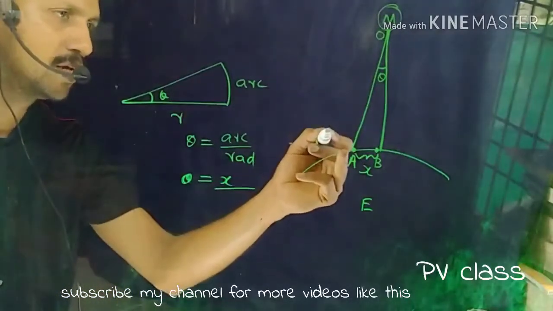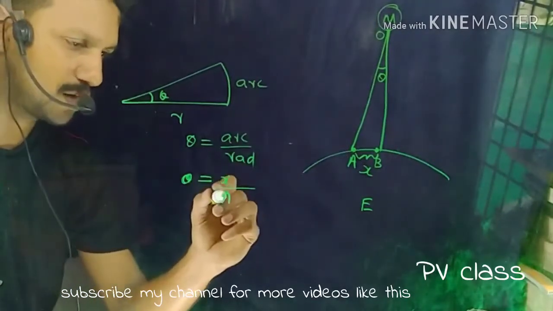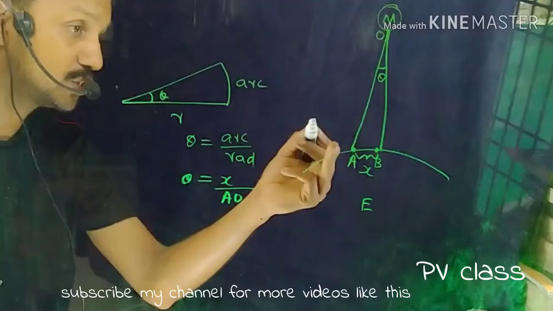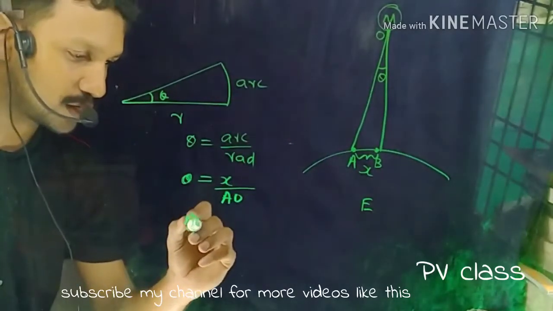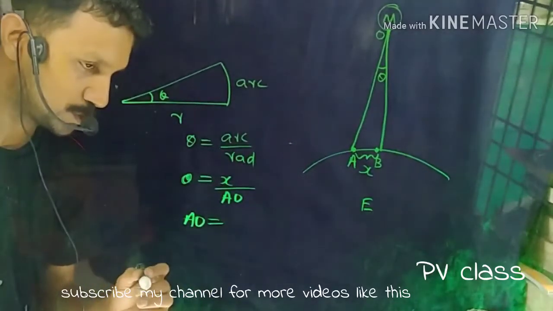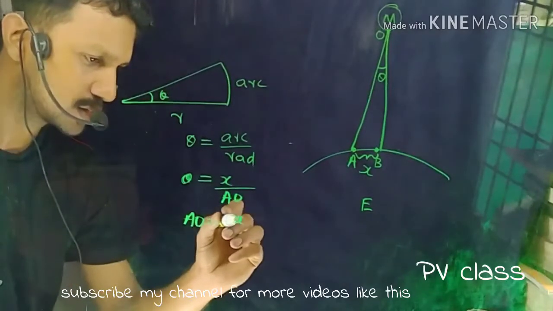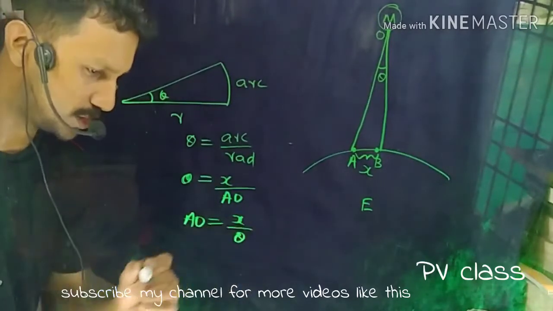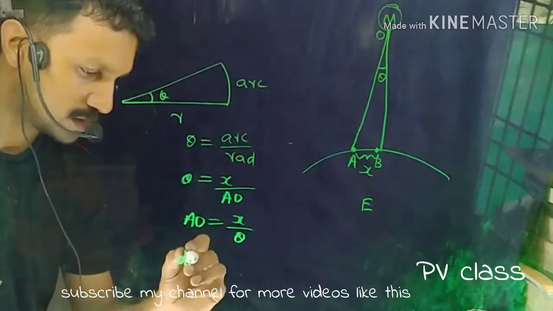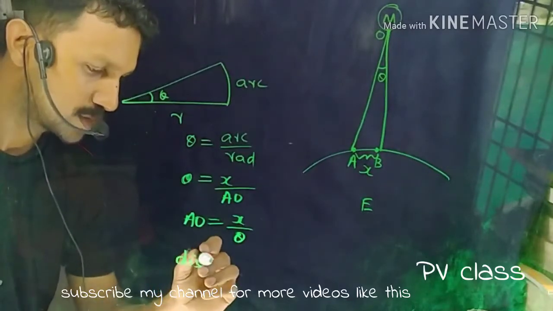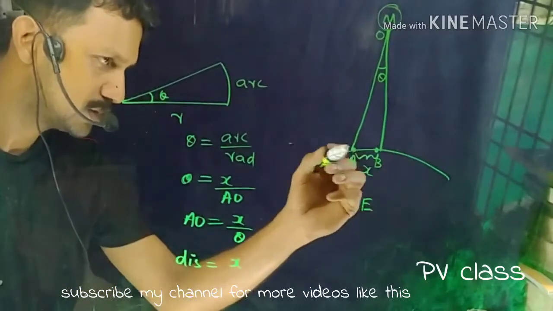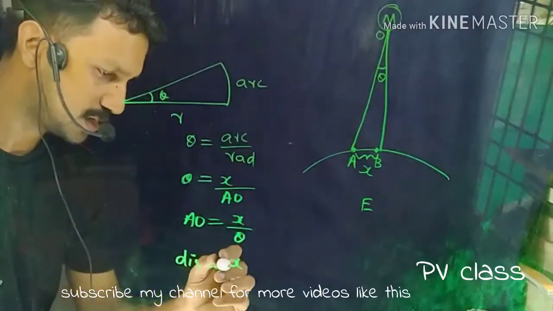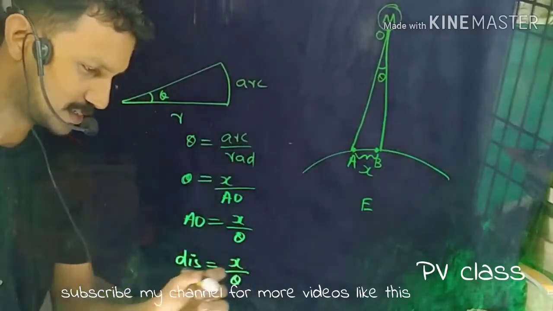Radius is AO. Our task is to find out the distance from earth to moon. Therefore, I could write AO is equal to x divided by theta. That is, the distance from earth to moon is equal to this distance that we could measure directly, divided by the parallax angle.